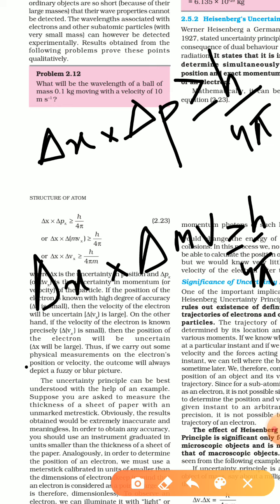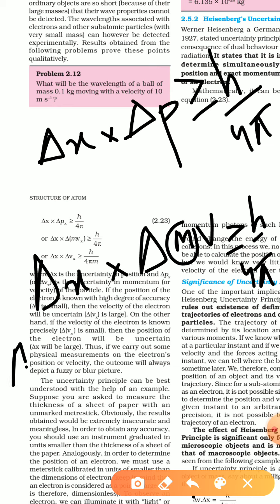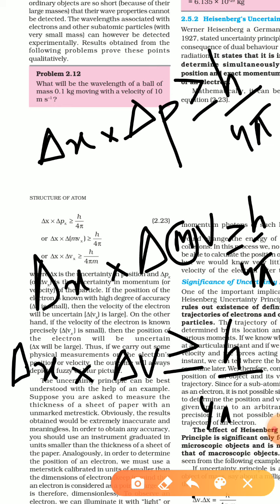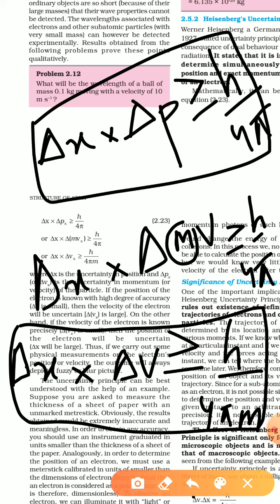If we avoid the change in mass, because the mass of the electron will not change in our scenario, and we know the mass of an electron is 9.1 into 10 to the power minus 31 kilogram, then we can put it as delta x into delta v is greater than or equal to h by 4 pi m. This was the main Heisenberg's uncertainty principle being explained.